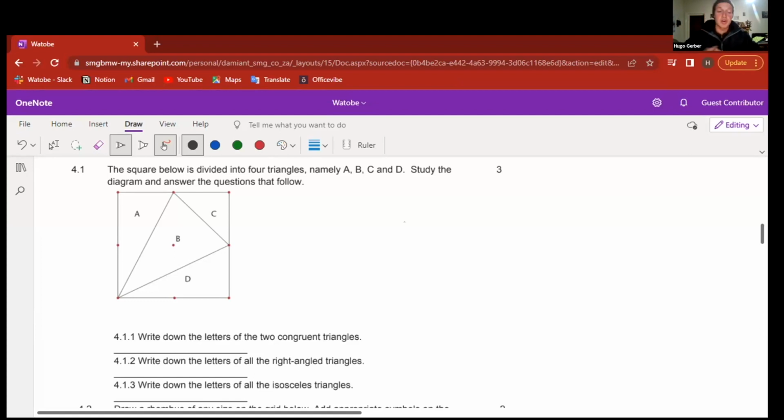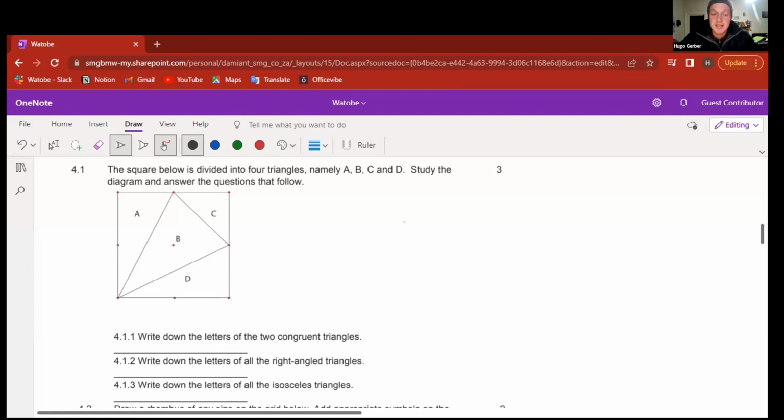Okay, congruent means they look the same. That's the easiest explanation of what congruent means, okay? It means that they look the same. They have the same measurements, the same sides, the same angles. They are congruent, okay? So you try and figure out which angles are congruent.